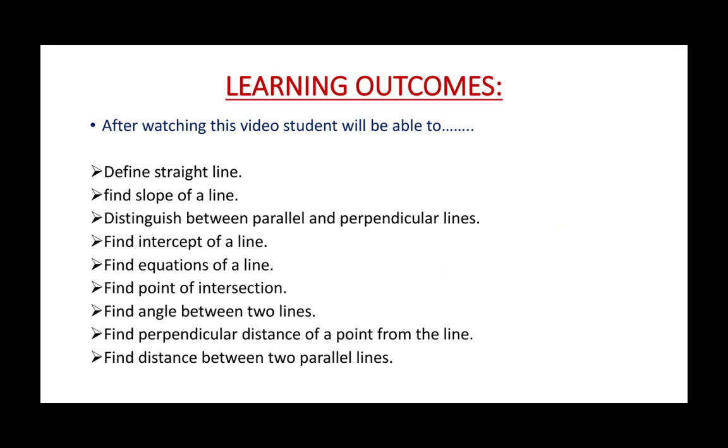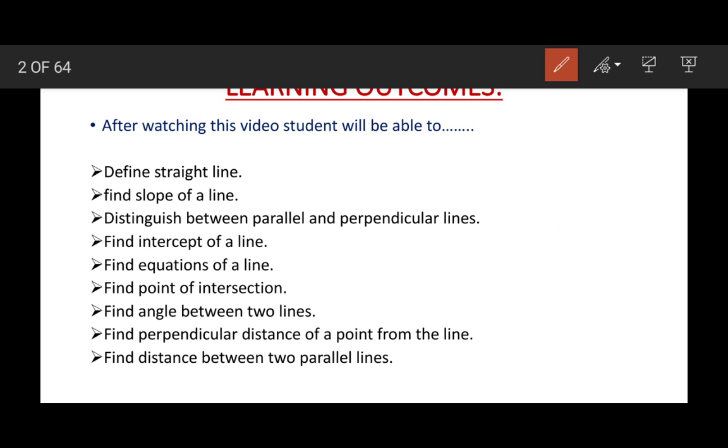So the learning outcomes are, after watching this video, students, you will be able to define a straight line. Okay, the very first thing, you can define a straight line. What is a straight line? Mathematically, what is a straight line?